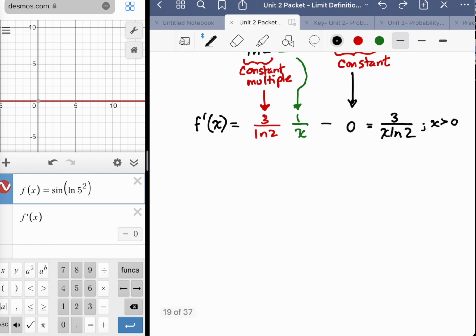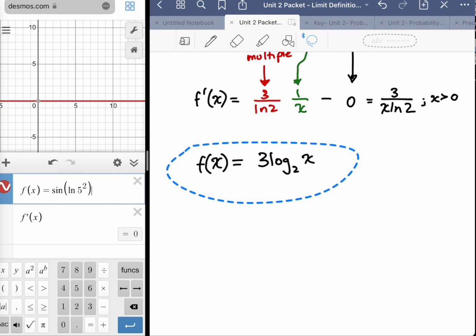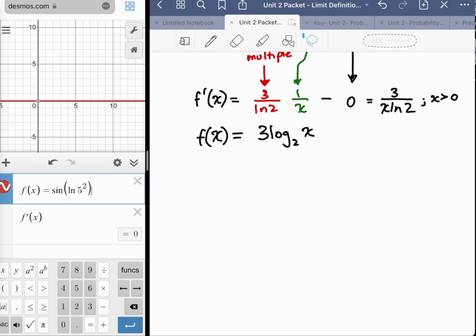All right, so let me write them side by side. F of x, 3 log base 2 of x. So that was my original function. My derivative, I'm actually going to write it in the unsimplified form, 3 over ln of 2 times ln of x.